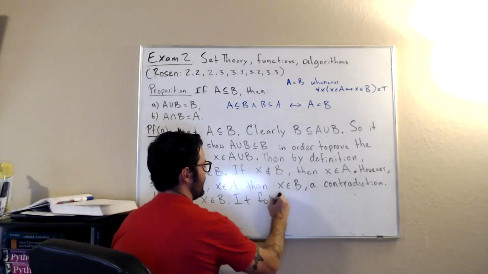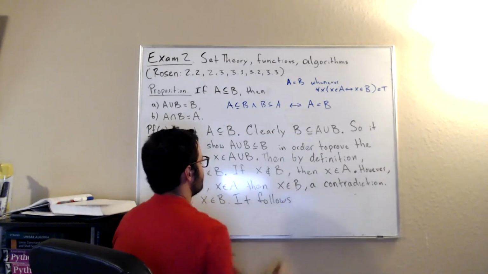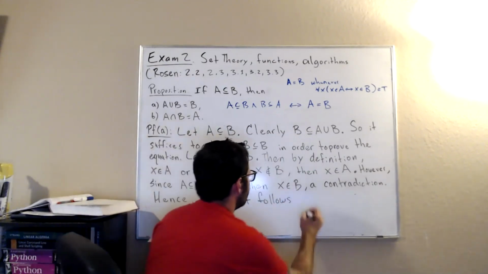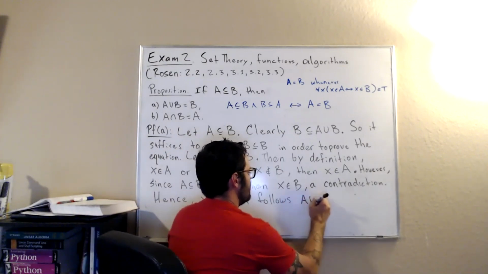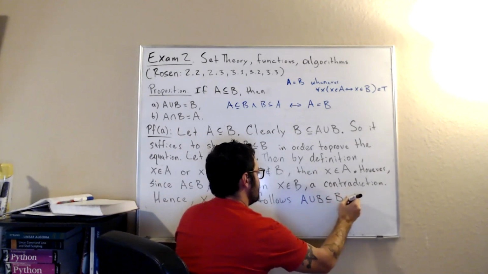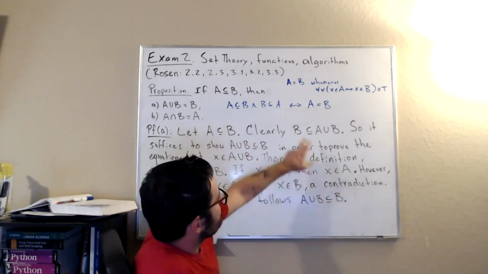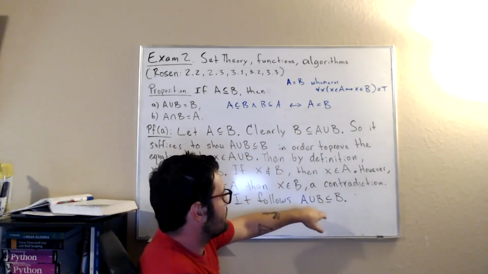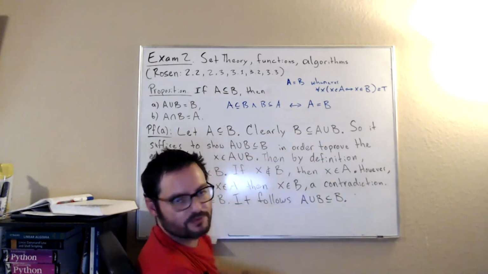It follows that since you picked an arbitrary element in the union and it had to be in B, A union B is a subset of B. So we've shown that B is a subset of A union B, that's clear. And then because A is a subset of B, we've shown this must also be true.